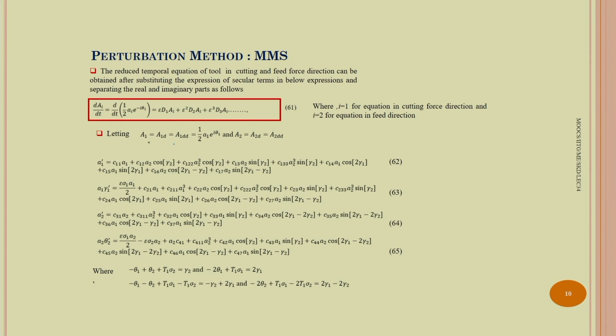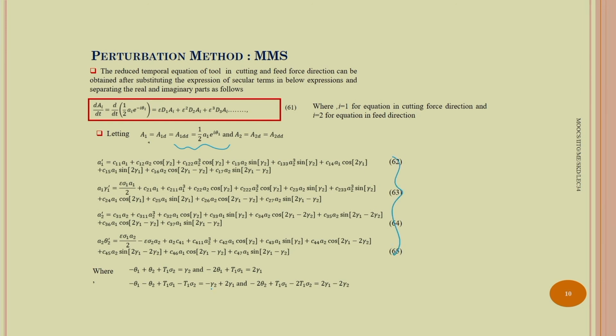As a is a complex number, we can write a equal to half a e to the power i theta, and d a1 by dt will be equal to d by dt of half a1 e to the power i theta 1, which will be equal to epsilon D1 a1 plus epsilon square D2 a1 plus epsilon cube D3 a1. In that way, we can have these 4 equations.